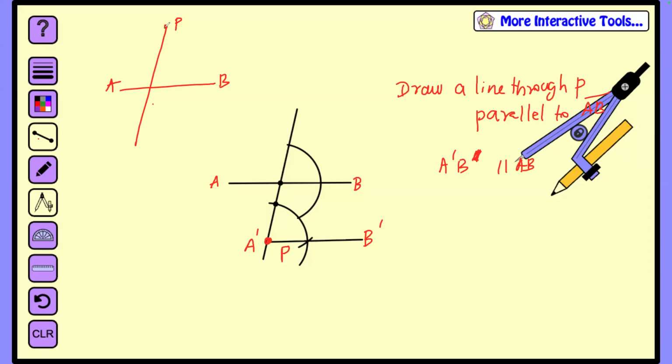Now take a compass, copy the angle, and keep it in here. Similarly, keep it in here. After that, measure this distance using your compass. Then go here and cut an arc. When you connect those two, that line will be parallel to this. Any questions?